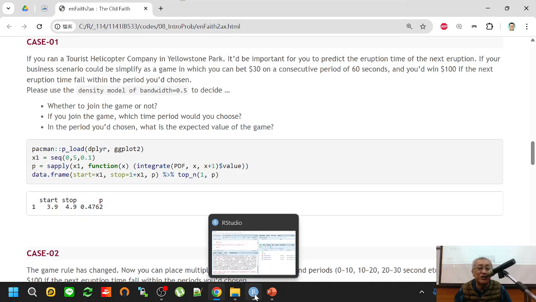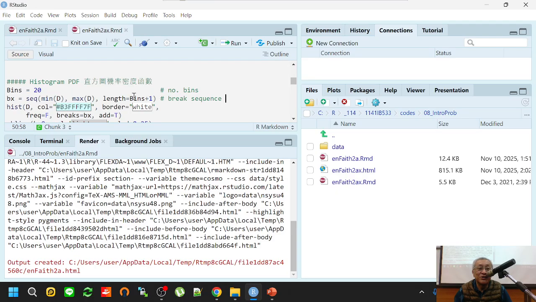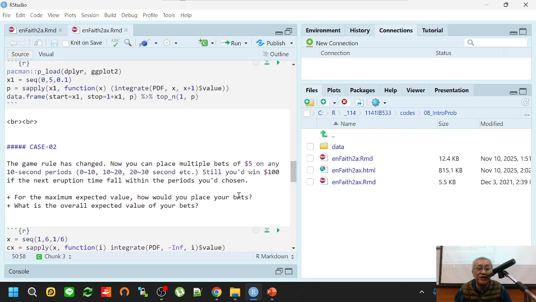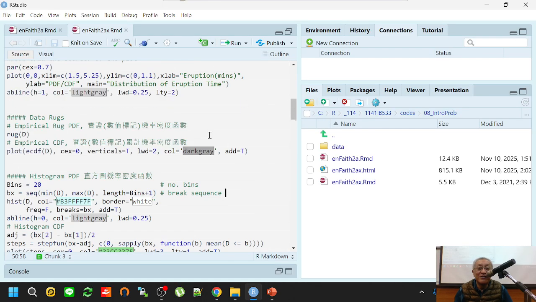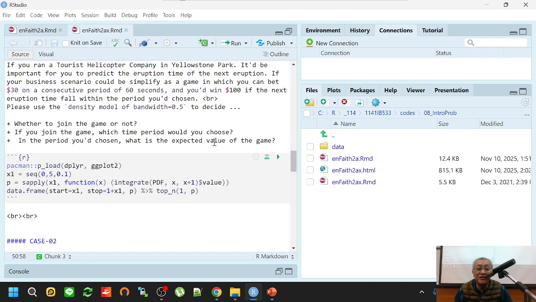Let's go to RStudio. Okay. 2AX, and then I would suggest you press this button, right? Scroll down, and then press this button. It means I want to run all the chunks above, right?